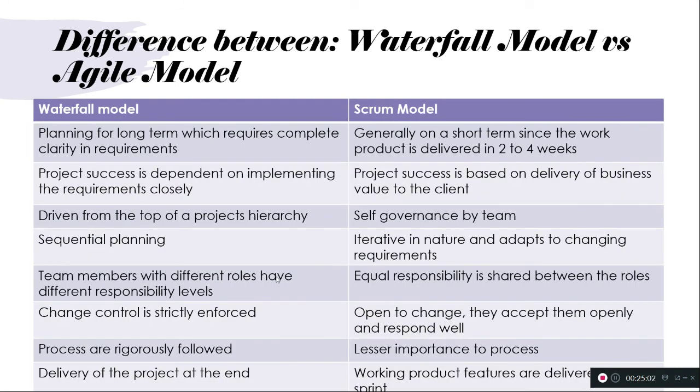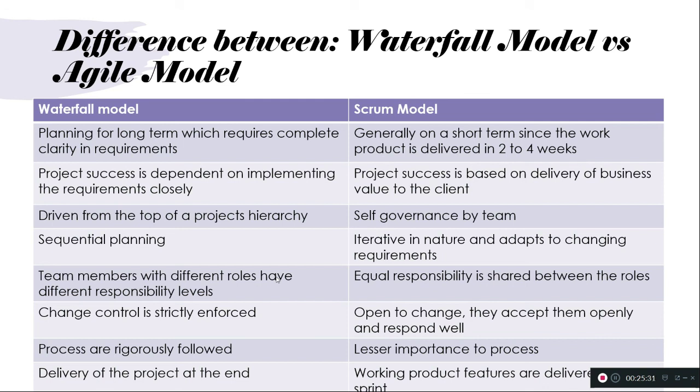So now we will go to the difference between waterfall model versus agile model. In waterfall model, planning is for the long term, which requires complete clarity in the requirements, so that is an advantage and a disadvantage also. In Scrum model, generally it is short term, since the work product is delivered in 2 to 4 weeks. So this clearly is an advantage.